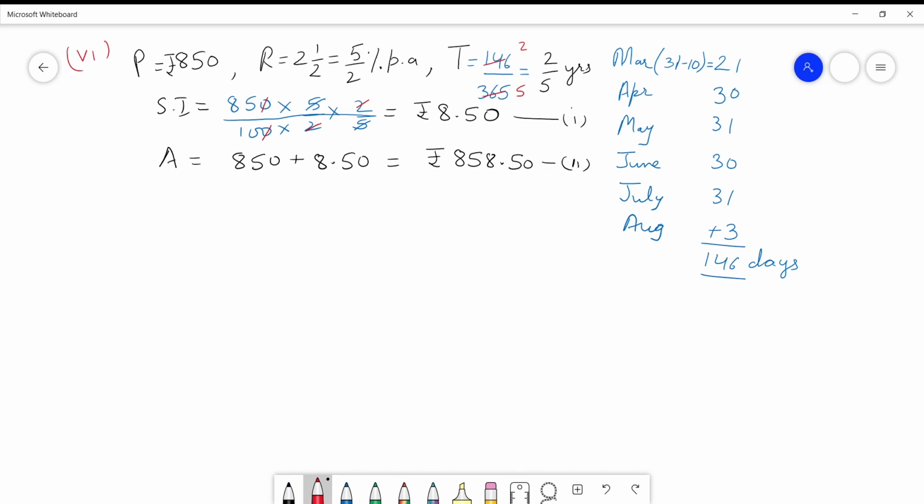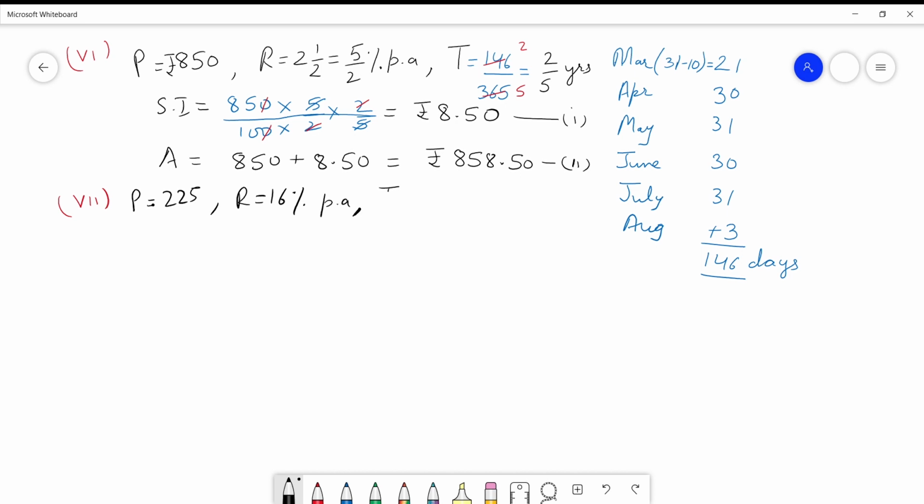Now coming to the 7th part of the first question, which is the last bit of first question. Principal given to me is 225. Rate is given to me 16% per annum.